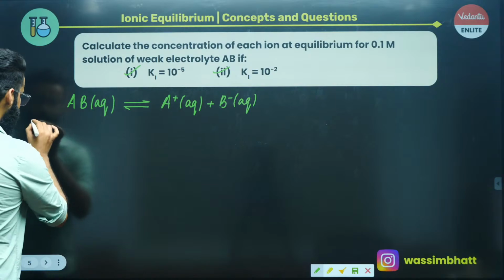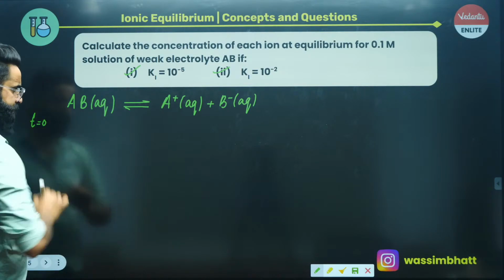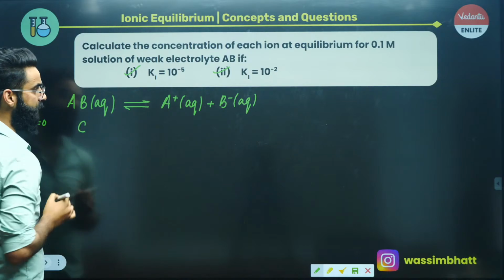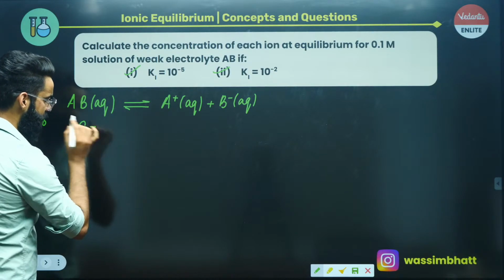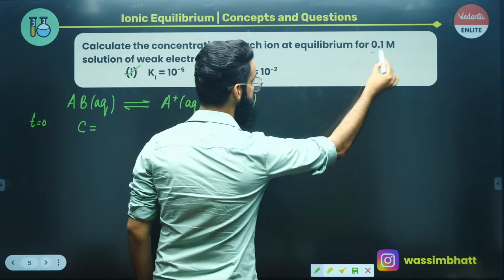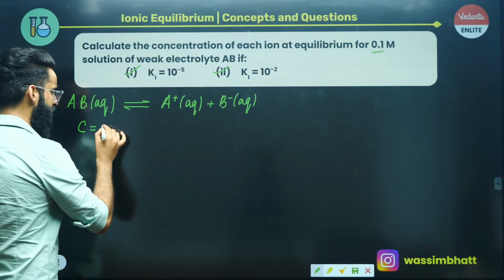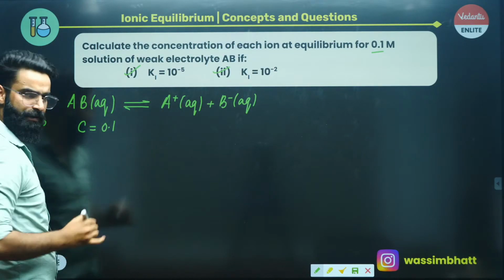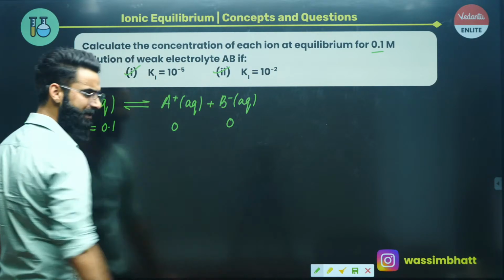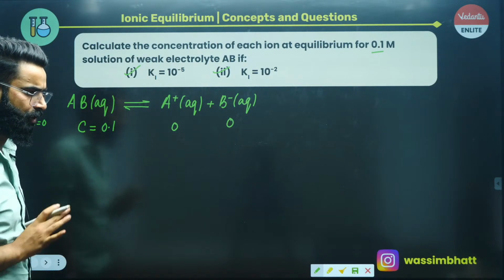Now, at time t equals 0, I'm assuming the concentration of this weak electrolyte as C molar, and the value of C, the initial concentration, is given as 0.1. Since the reaction has not started, the ion concentrations are going to be 0. This is the simple basic procedure we normally follow.